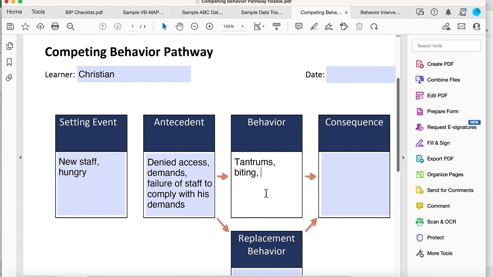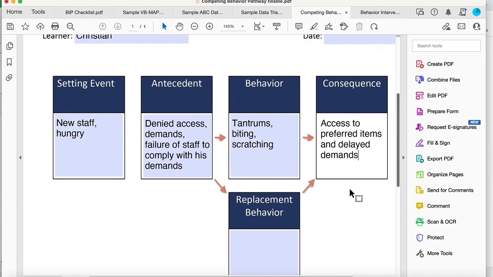Biting and scratching. Most common consequence was access to preferred items and delayed demands. So now let's give this some thought.